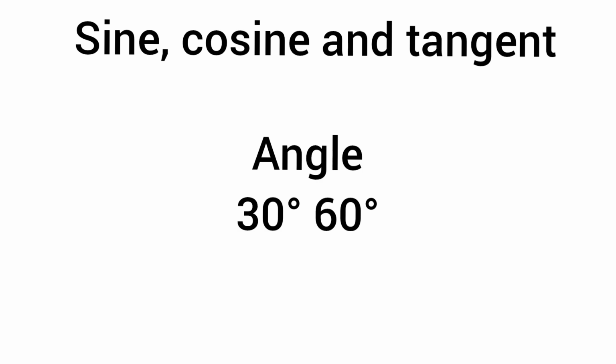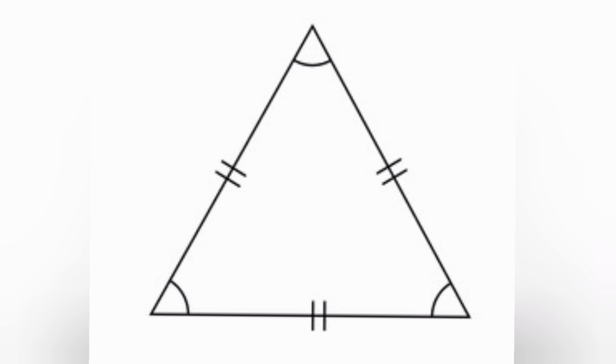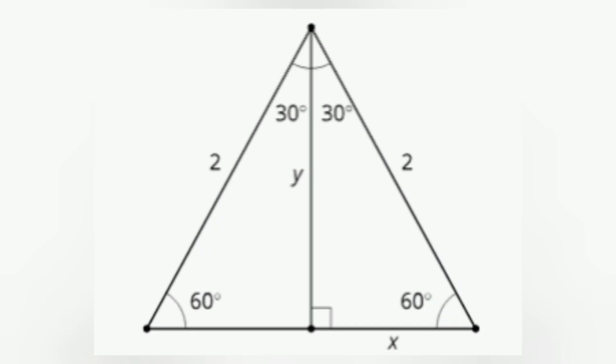First, what you need, remember I told you we will need an equilateral triangle. Okay, now the equilateral triangle has sides 2, 2, 2, then angles 60, 60, 60. Now, if we divide this into half, we have a right angle triangle.